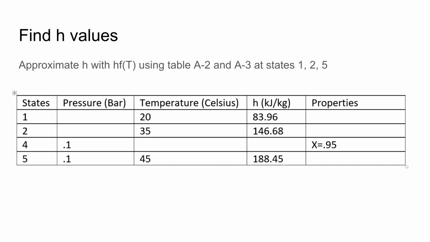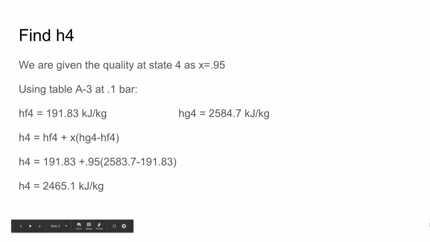Following our engineering model, we will approximate the h values at states 1, 2, and 5 with hf, using tables A2 and A3 in the book. The results are shown in the table below, which are here, here, and here. Now we need to find h4.